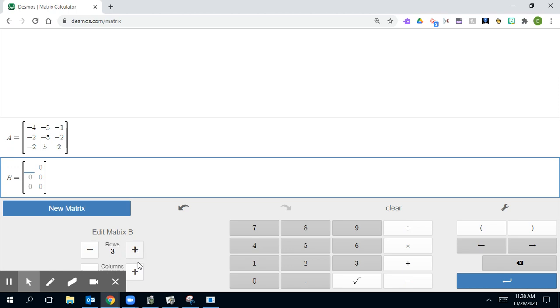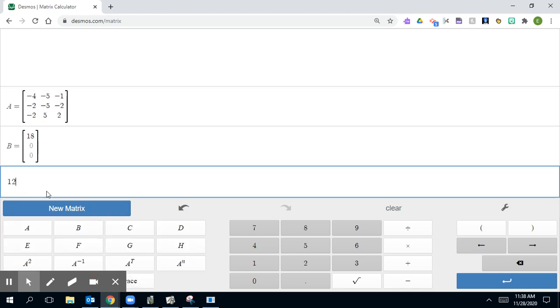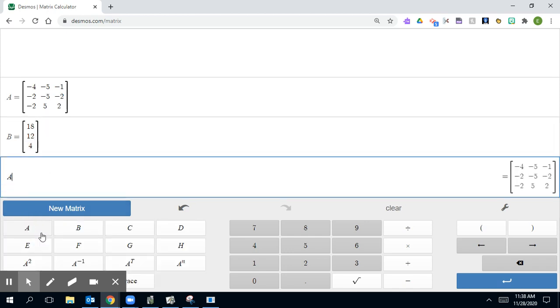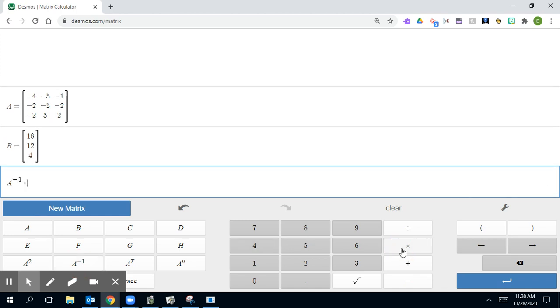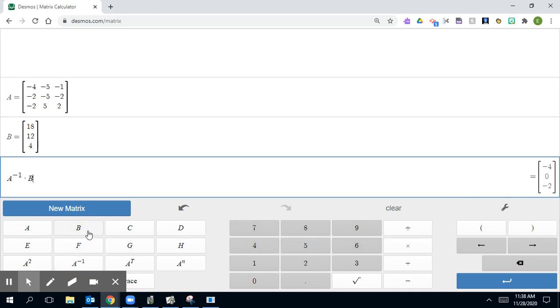This one will be a 3x1, and so we have 18, 12, and 4. And then you have to type A -1 times B, and then it gets us that solution 4, 0, -2. So the Desmos is obviously a lot faster, but the TI-84 is good to know too, just in case you wanted to use your calculator, tried and true calculator.